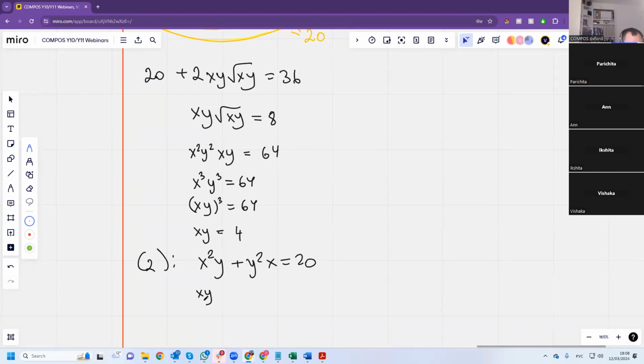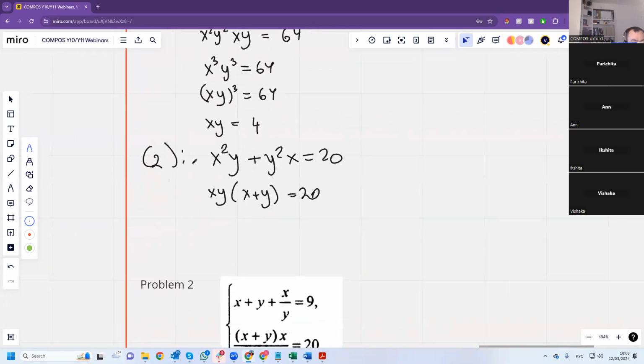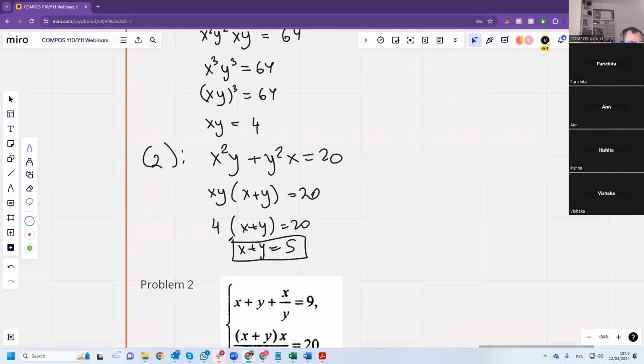So we get xy(x plus y) equals 20. But we know that xy is 4. So that's 4 times (x plus y) is 20. And that gives us x plus y is 5. So you get x plus y is 5, xy is 4.